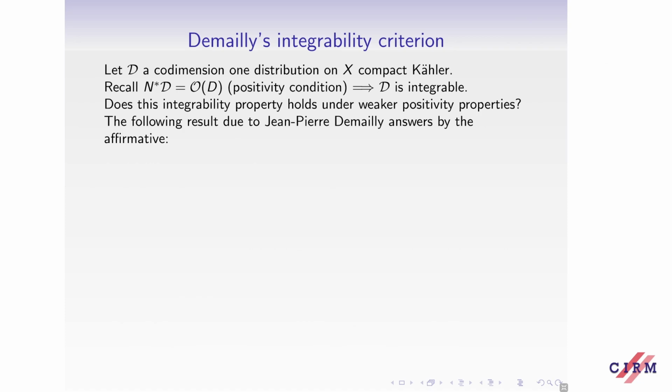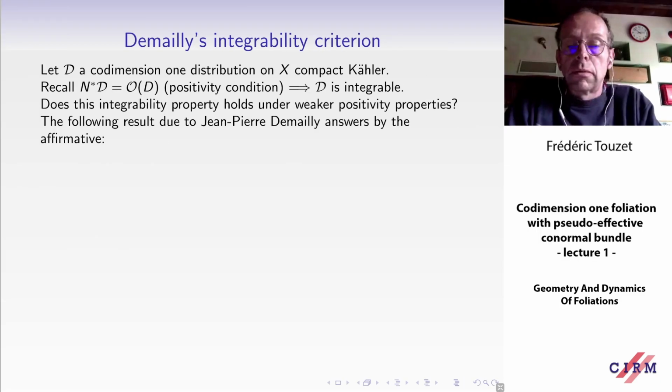So we have seen previously that codimension one distributions defined by a holomorphic one-form are automatically integrable on compact Kähler manifolds, in situations where the conormal sheaf is of the form O(D), where D is the effective divisor, which is the vanishing divisor of the one-form which defines these distributions.